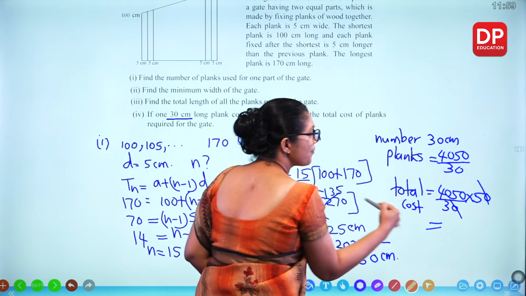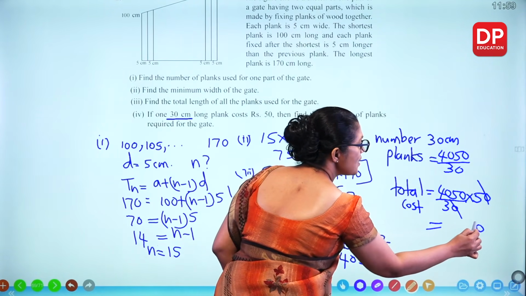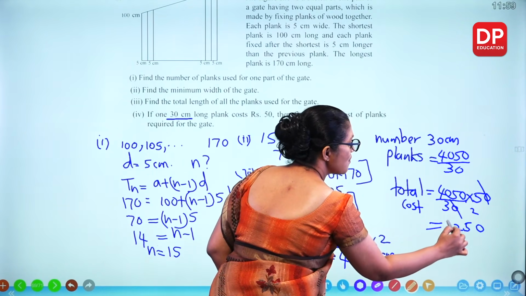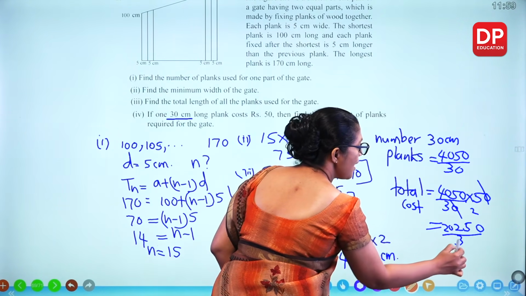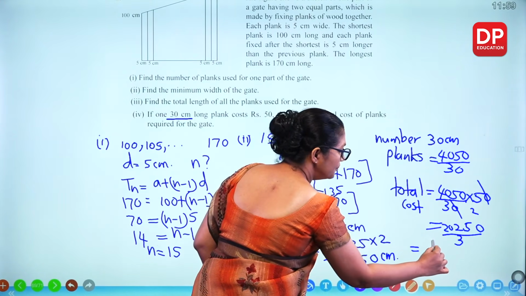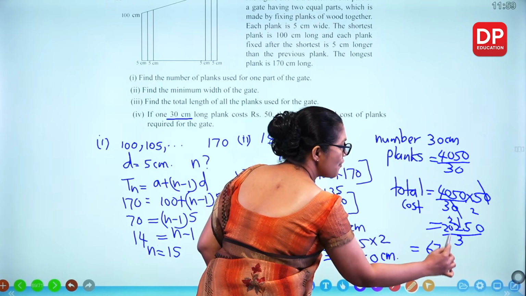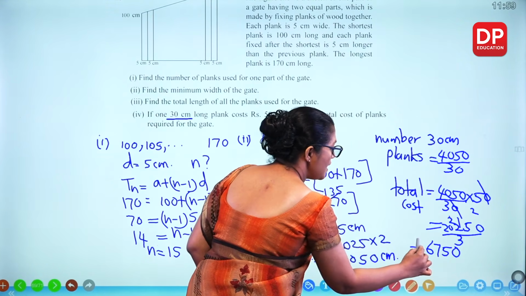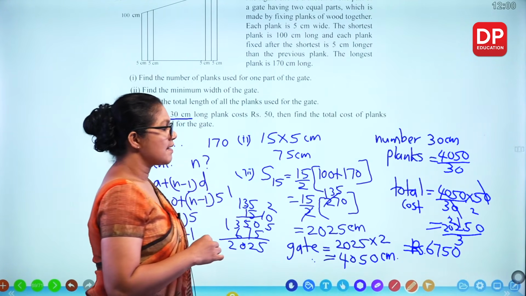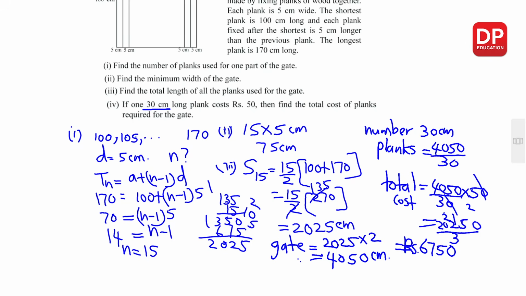Simplify. Divide by 3. So we need 6,750 rupees for the full gate.